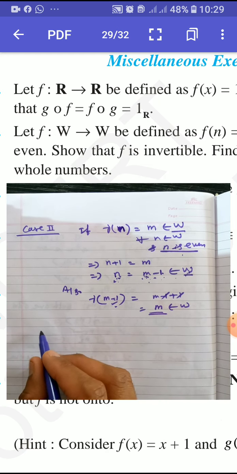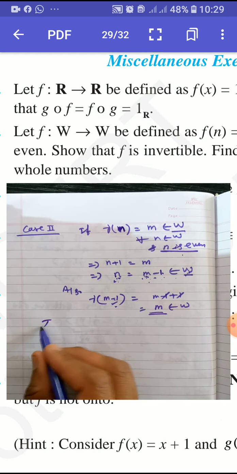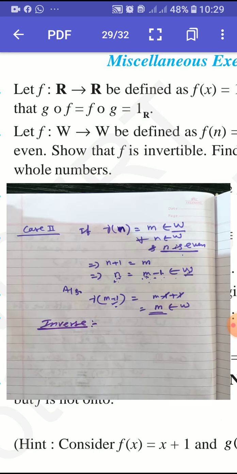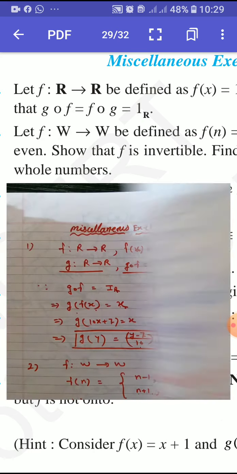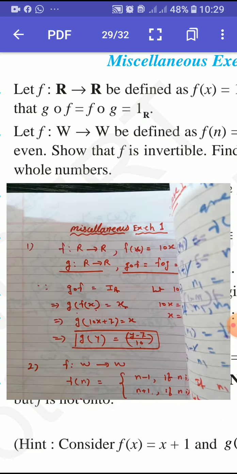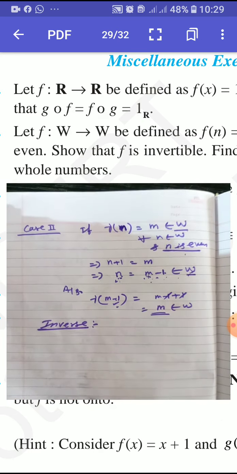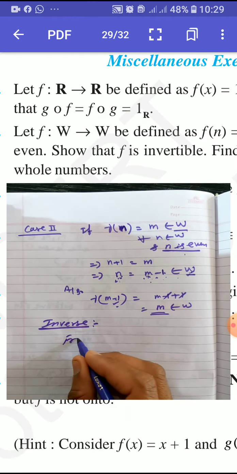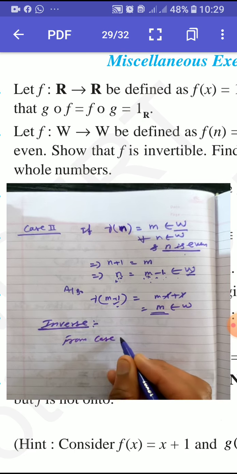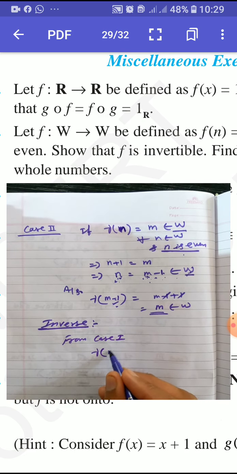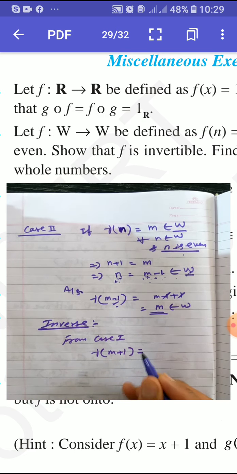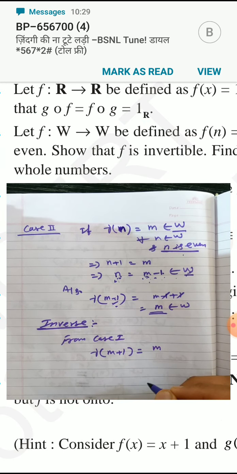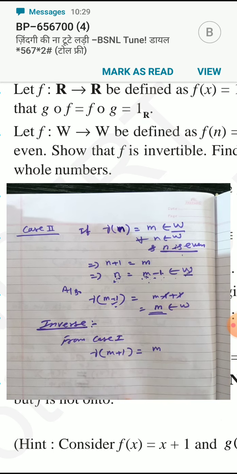Now, how to find the inverse? Inverse. My dear student, you will observe from the two cases. From case first, you have found f of m plus 1 equal to m, right? F of m plus 1 equal to m.